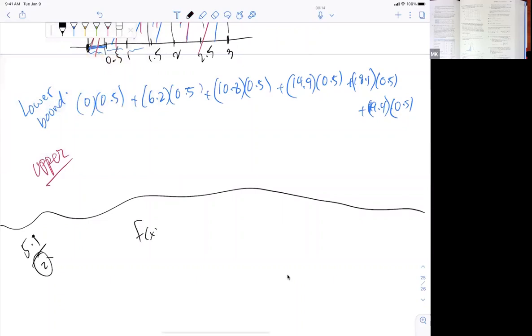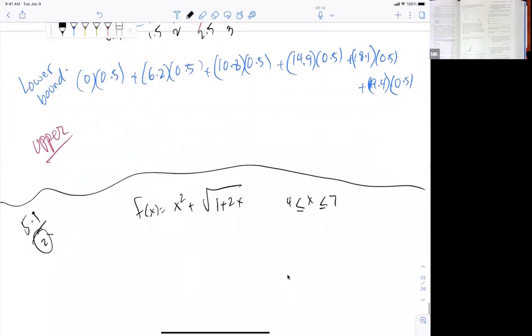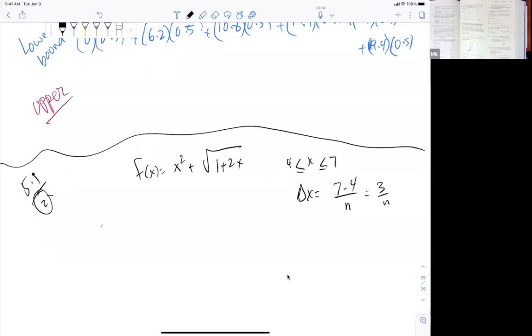So f of x is x squared plus root 1 plus 2x, and your x is between 4 and 7. So delta x is going to be 7 minus 4 divided by n, which is 3 over n. And your area would be exactly the limit as n goes to infinity, if the limit exists, which in this case it will.